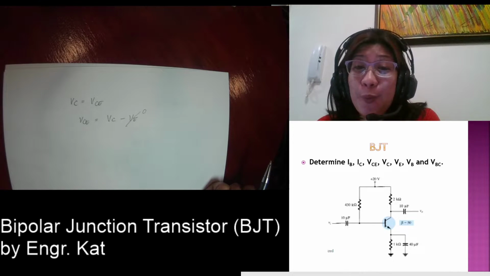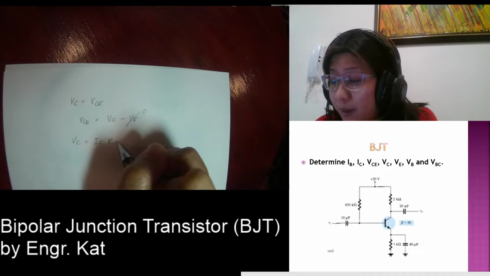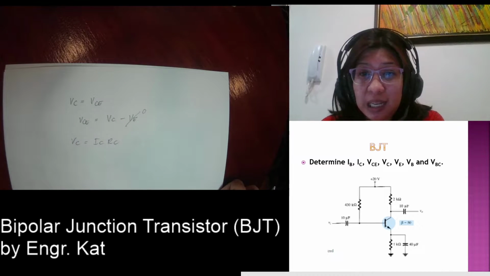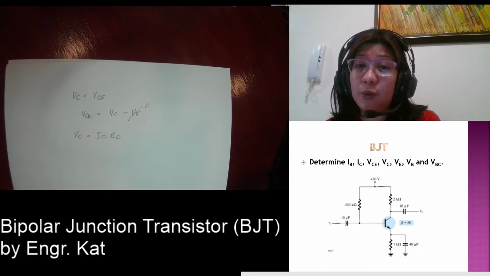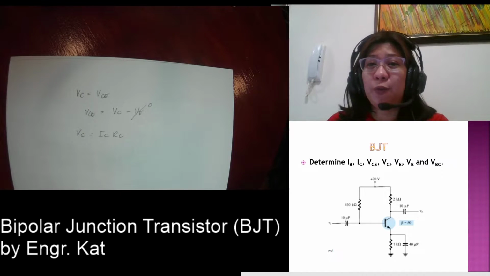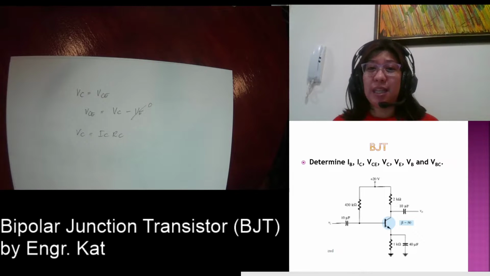You might be thinking, since this is VC, this is equal to IC multiplied by RC. That is the first thing that will come to our mind. Why? Because of Ohm's law.